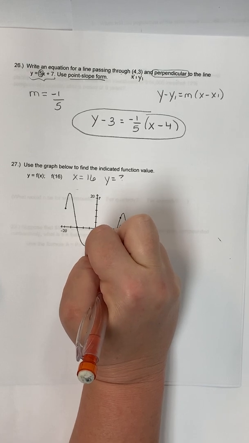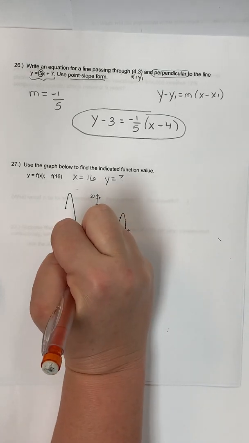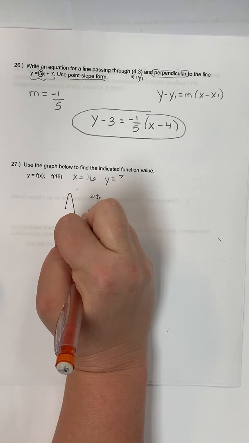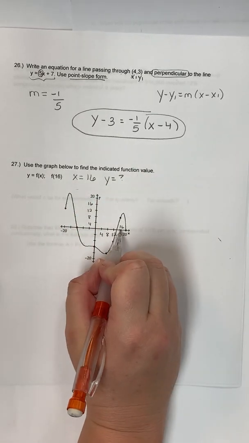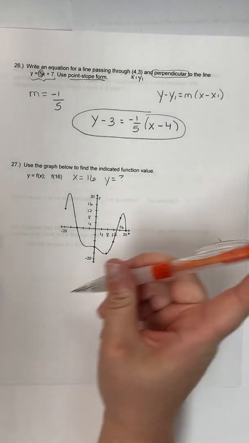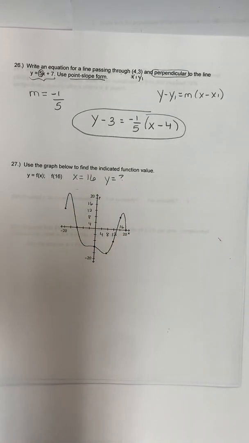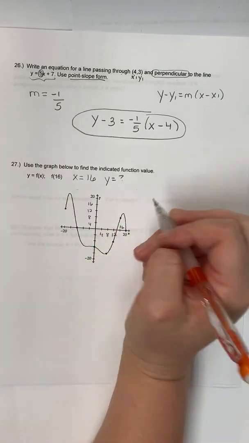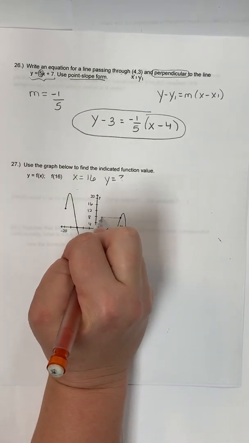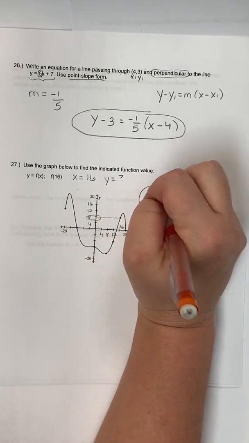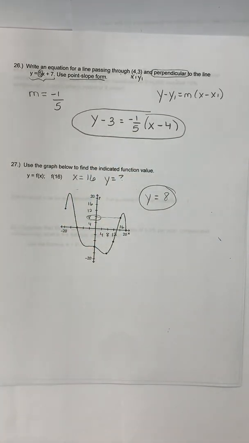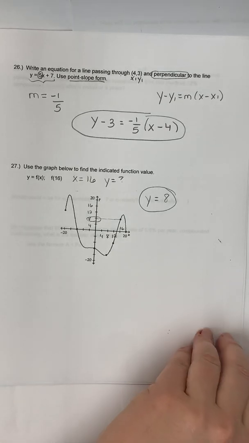You're not going to have this, so you don't have to worry about it. Yours is a really nice one, I think. Okay, here we go. So I go to where x is 16. And then here's my dot. And then I go over, and my y happens to be 8. And there I go.